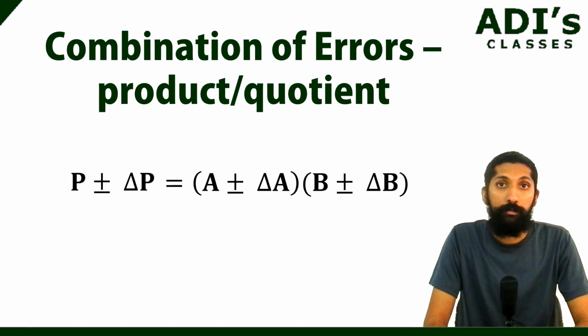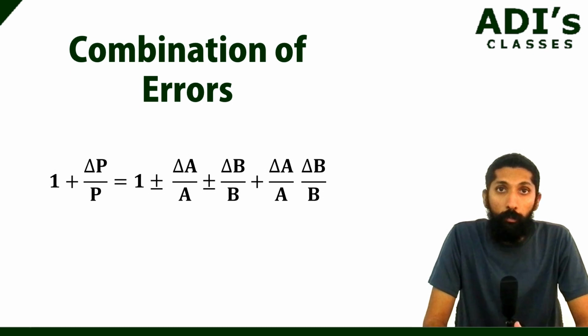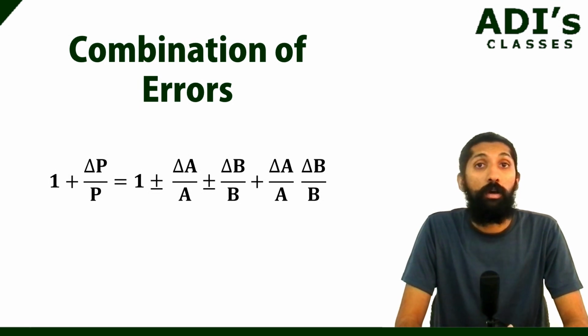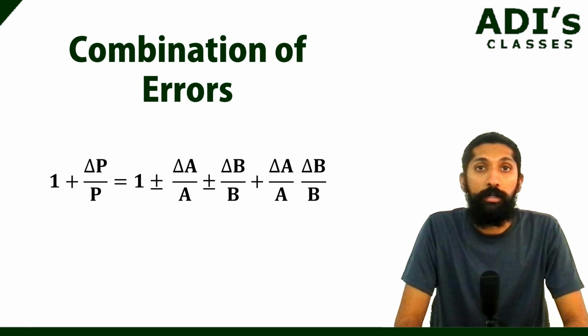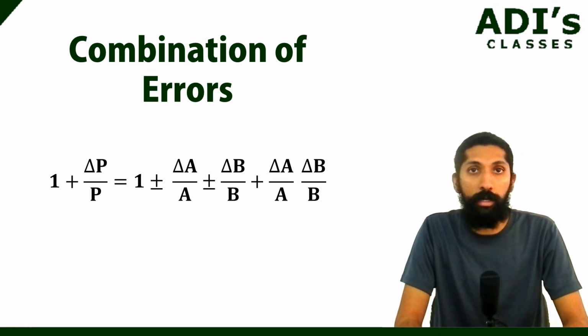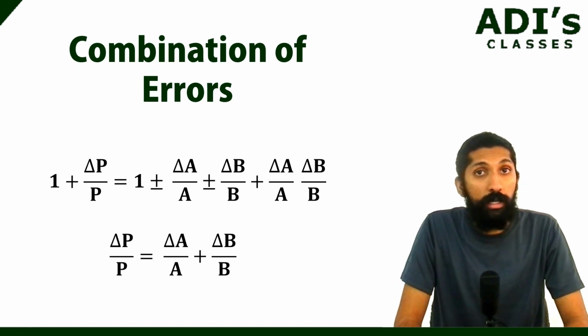Look at the next step. You multiply it. Now what do you do? You divide this by AB. Basically, you're dividing by P. And what is P? AB, correct? When you do this, this is what you get. When you compare the LHS and RHS, now what do you get? Delta P by P is equal to delta A by A plus delta B divided by B, correct? That means, what is delta A by A?